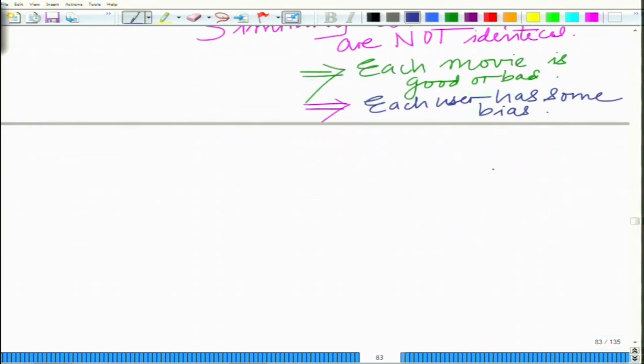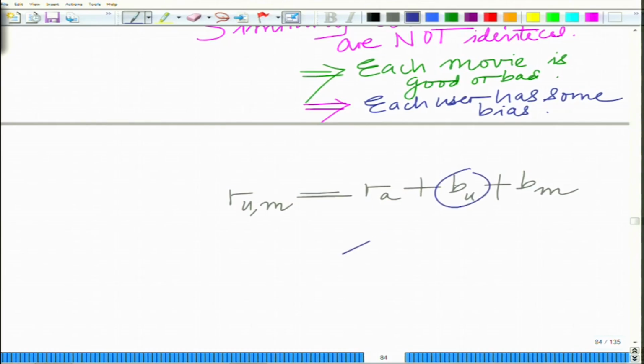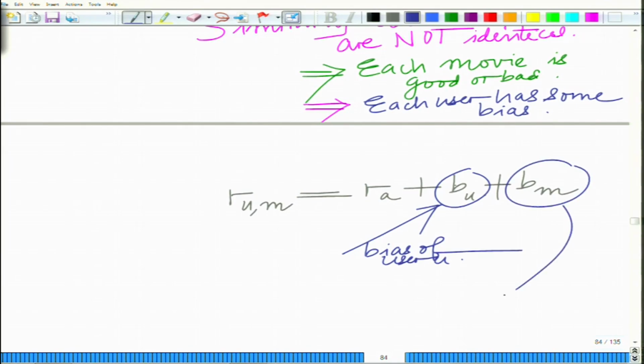So we can model the rating of each user, RU of M. A slightly more sophisticated model is the average plus the bias of each user plus the bias of the movie, which captures the good or bad nature of the movie. So this BU is the bias of user U, and BM is the bias that shows if a large number of people think that the movie is good or bad.